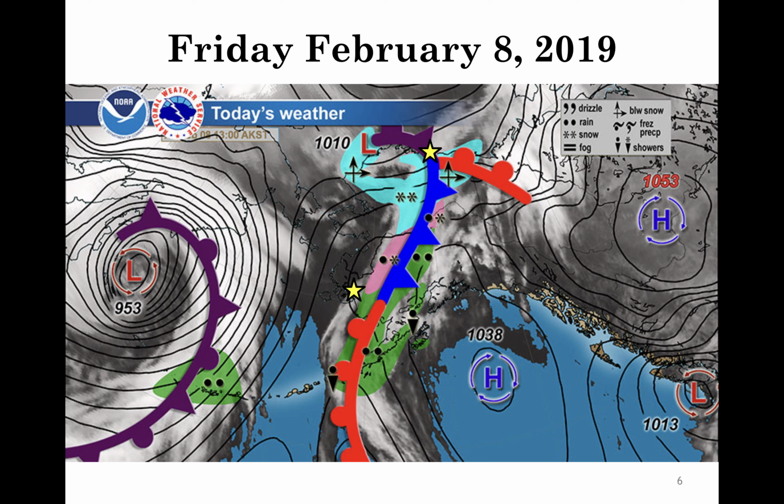And then on February 8th, there were low pressure systems, as we can see at the top here, that were influencing Kubrick. As for the winds, they are southerly for Bethel, and for Kubrick, the winds are southwesterly.